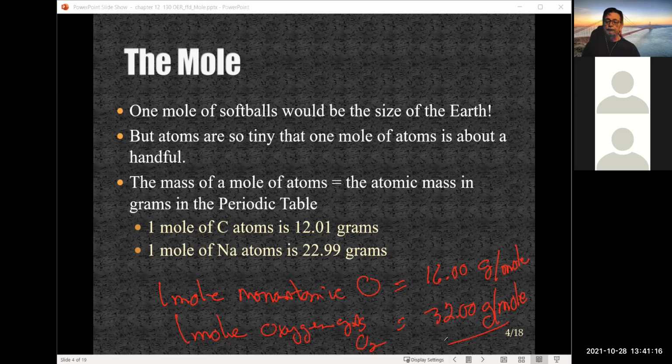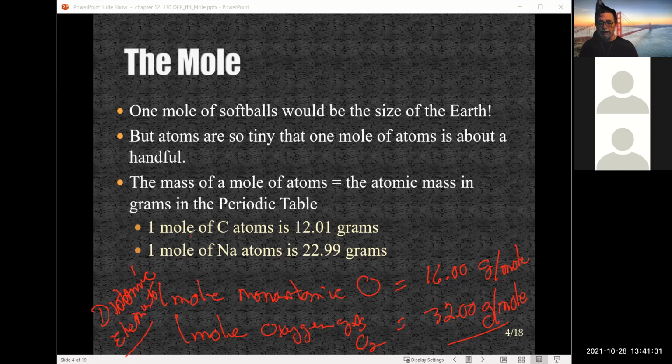And these are for the diatomic elements.